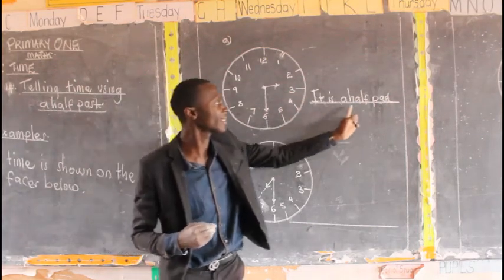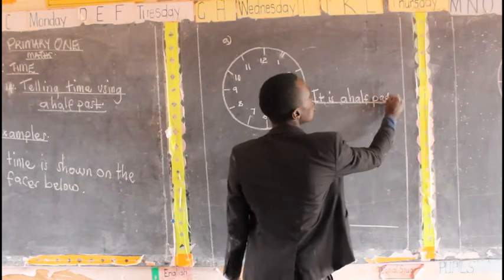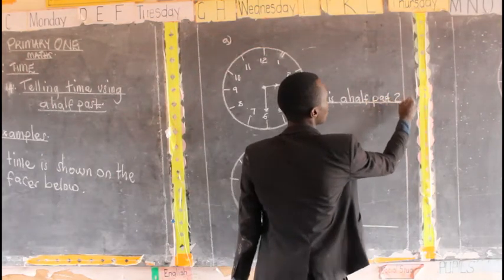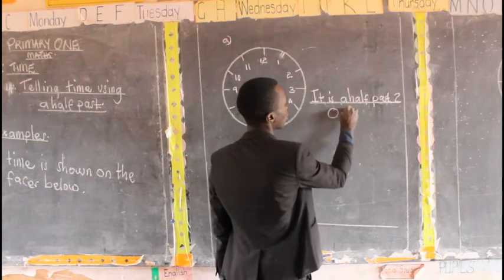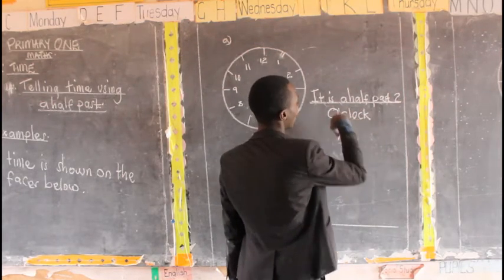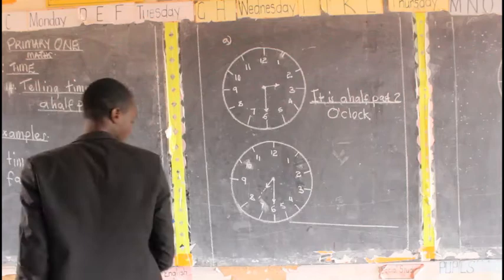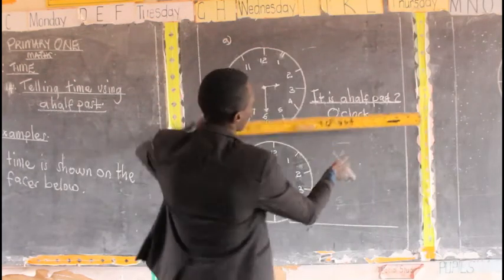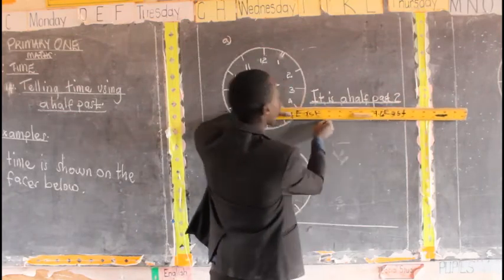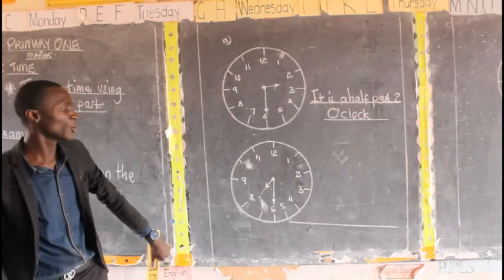So we say it is a half past 2 o'clock. That's how we say it. We go to the next one.